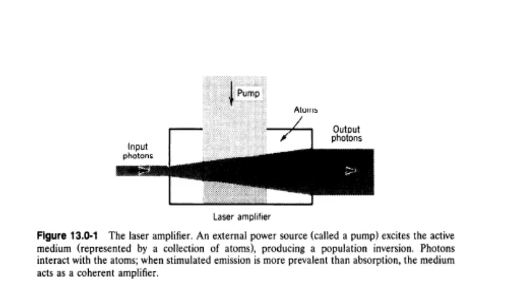In the laser amplifier, an external power source called a pump excites the active medium, which is placed inside the pumping mechanism shown here. This is the pumping mechanism, and here we are giving pumping.